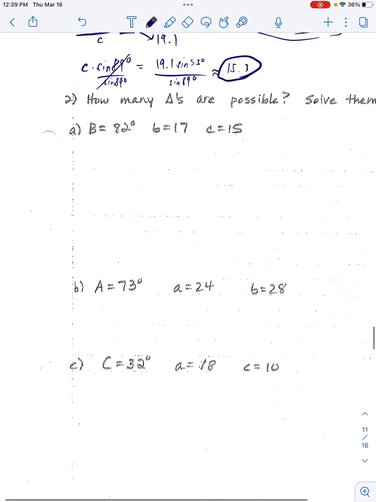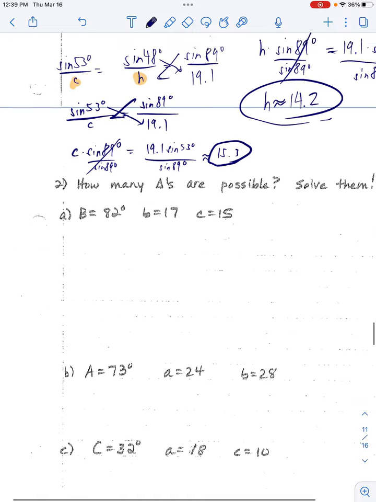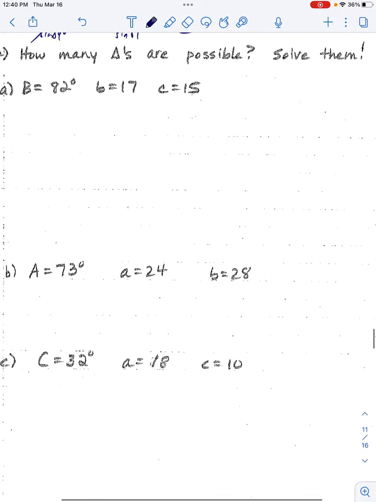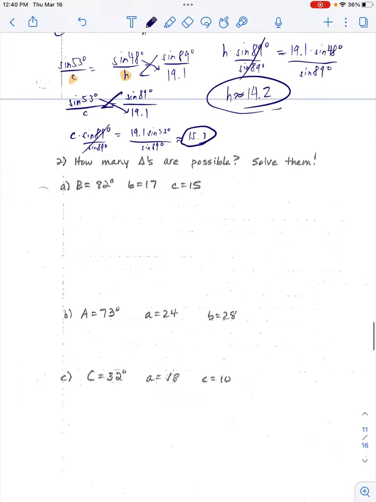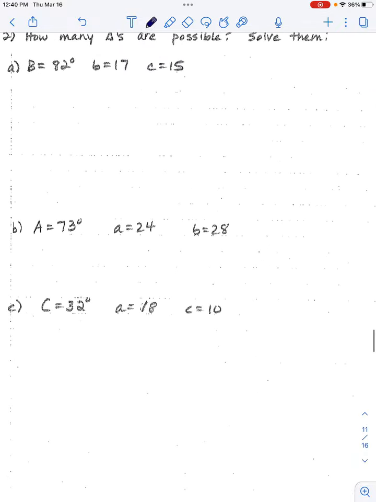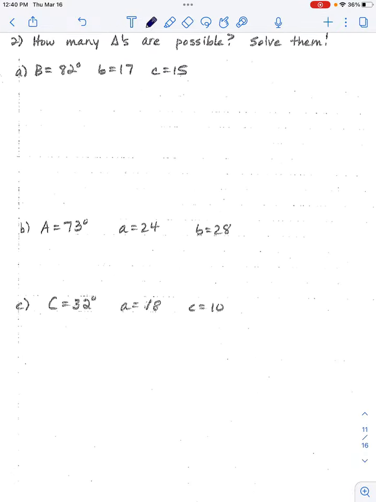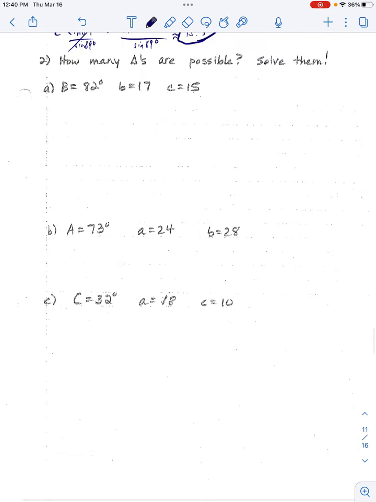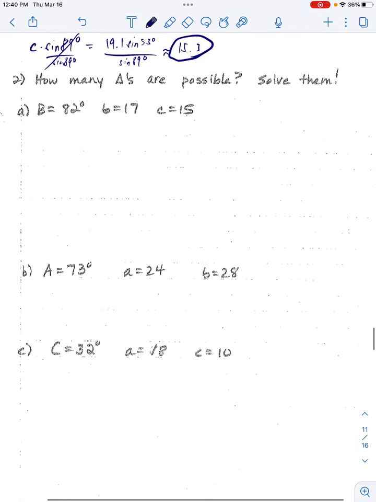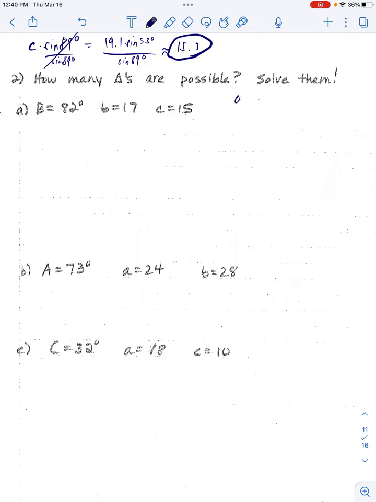Alright, I'm going to start by redoing these last few problems, the how many triangles are possible problems from 5.5, because I didn't really think I discussed the ambiguous case very well. These three problems give us what's called the ambiguous case.